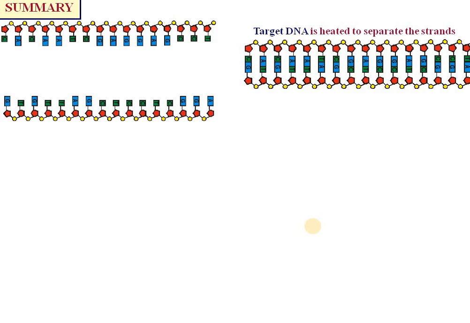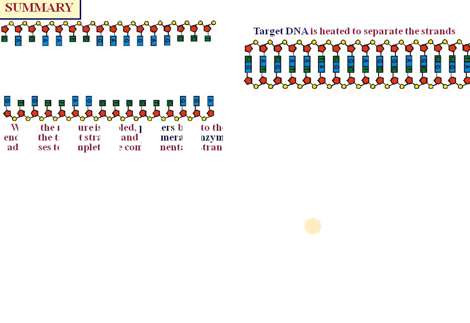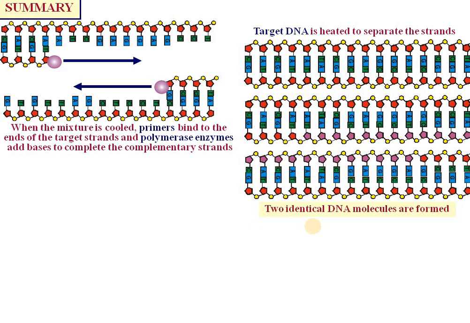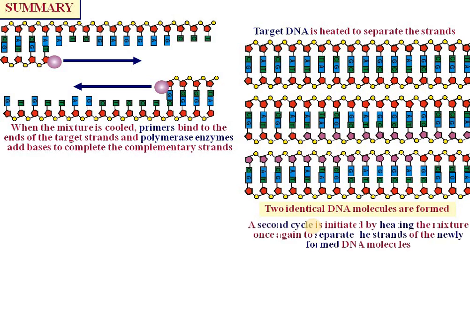So it is a summary. First of all, there is a separation of the reaction mixture. You have to heat the reaction mixture up to 94 degrees Celsius. Then you have to decrease the temperature up to 52 degrees Celsius, so that the primer will bind to your separated DNA. Then you have to increase the temperature up to 70 degrees Celsius, so that two identical DNA will be formed.